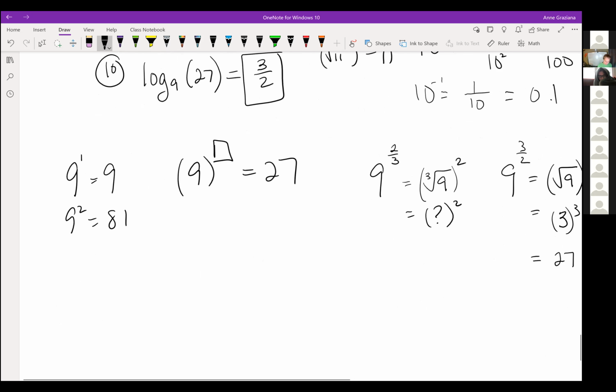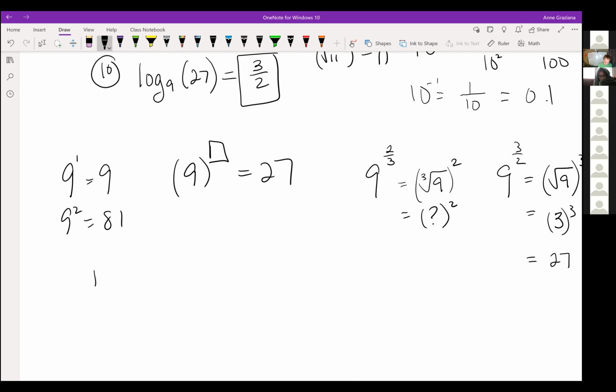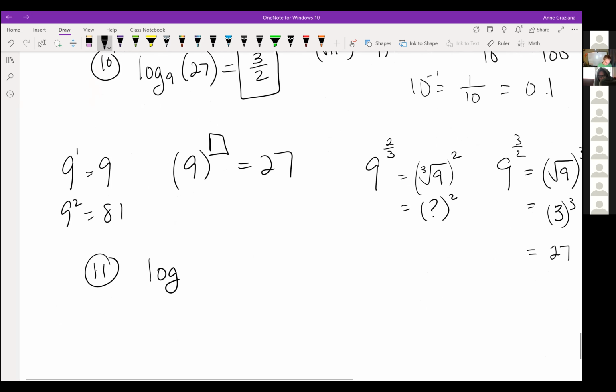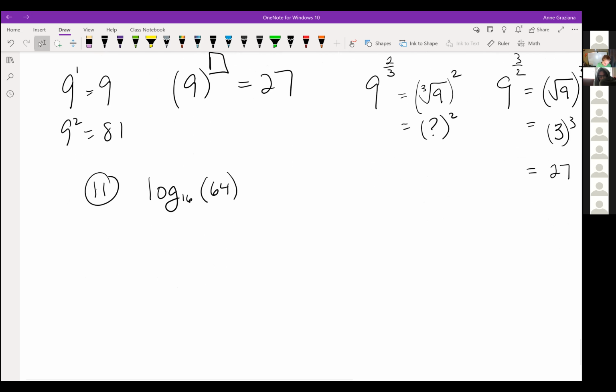All right, one more like this, and then I want to leave you with a couple other things. Final thoughts. Log base 16 of 64. What can I do to 16 that's going to give me 64?